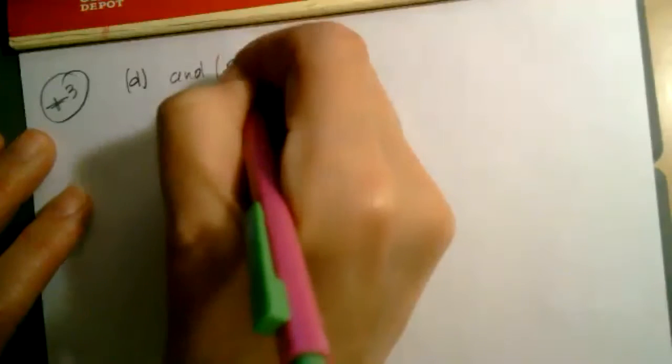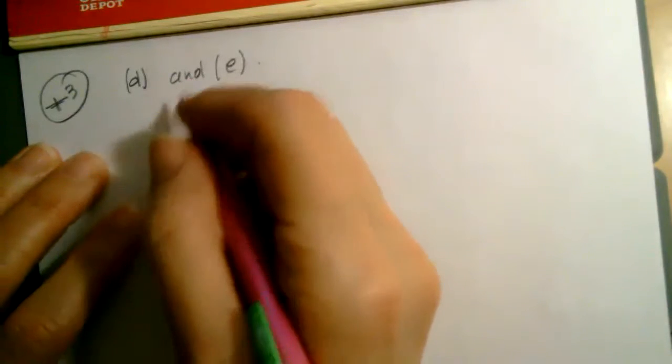I will pick number 3, and I'm going to pick 2 problems, D and E, just to make sure you can algebraically handle those types of problems. So I will start with D.